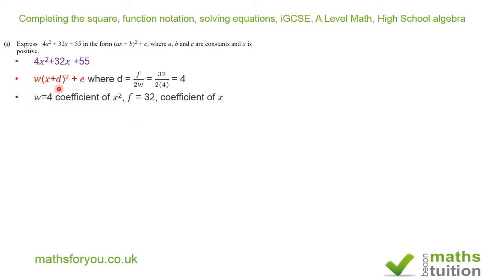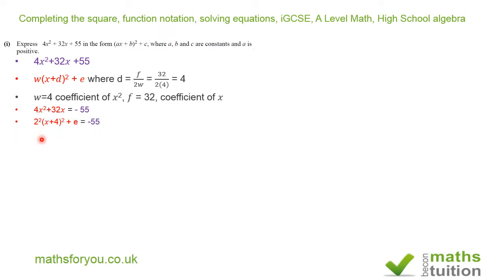Note I'm not using a, b, and c at this stage because w has a different value from a and b and c and d. So I'm looking at this bit of the expression first, 4x squared plus 32x. I want to express this bit in this format.